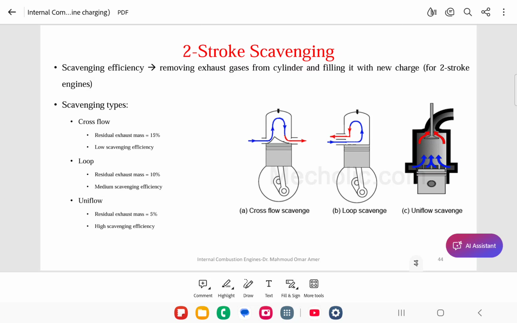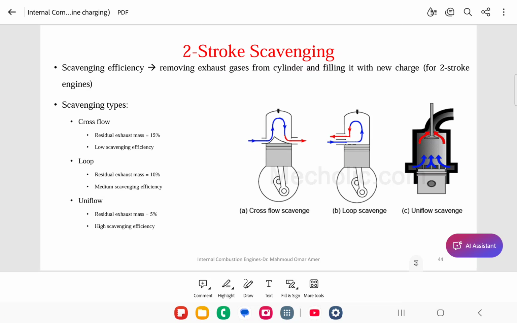The third method, which is the uniform scavenging, we add an exhaust valve, and we make the intake port circular around the cylinder. So when we start the intake, the pressure charge rushes inside the cylinder through the circular intake port and pushes all the exhaust upward, making the residual exhaust much less.